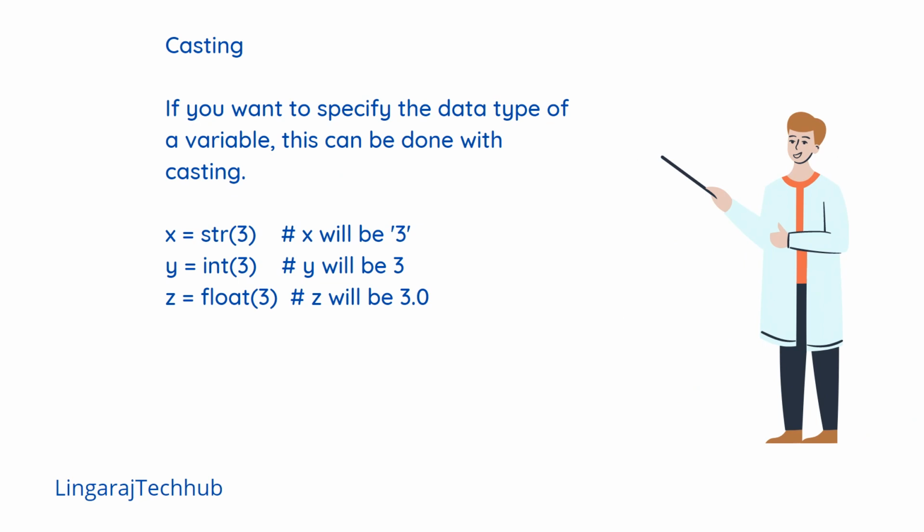You have to cast. Suppose 1 by 2 should come to 0.5, but with integer numerator and integer denominator it returns 0. That's why we go for casting. It forcefully, explicitly converts that particular constant or variable to another type. This is called casting.